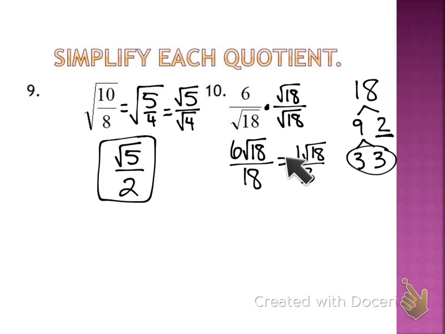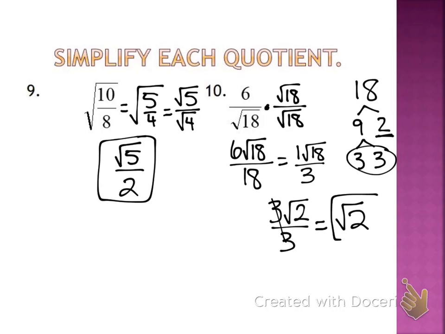Okay, so instead of having 1 square root 18, what do we have instead? 3 square root 2. What's still in the denominator? 3. Now what simplifies? 3 over 3 simplifies to be 1. So we are just left with 1 square root 2 or just square root of 2.